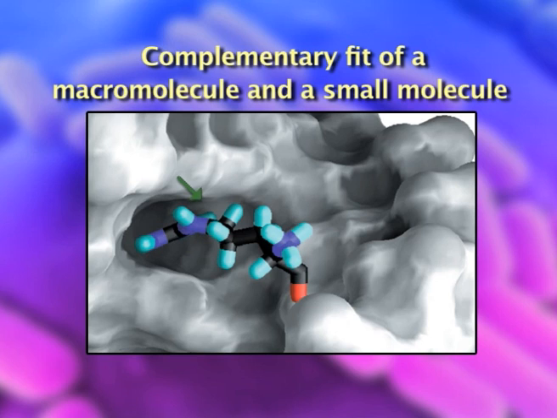You can see that this small ligand has bound on the surface of this RNA at a pocket-like region where it is complementary to this region. And these two molecules are held together by a number of non-covalent interactions.